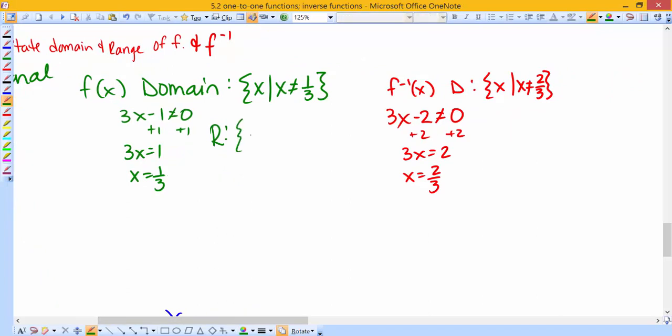So my range here will be y such that y cannot equal 2/3. And then the range over here will be y such that y cannot equal 1/3. So I switch them. We have to remember that they switch. Please make sure you remember that. Your x and your y switch.